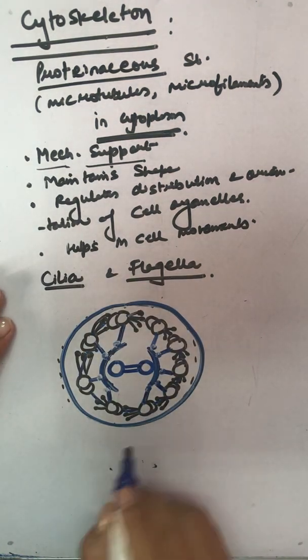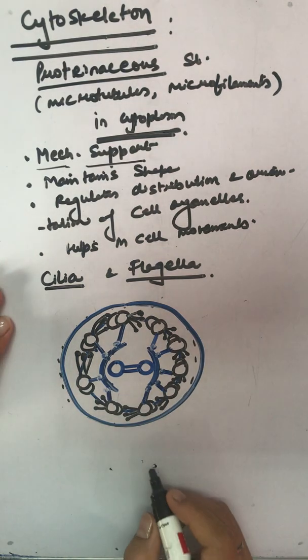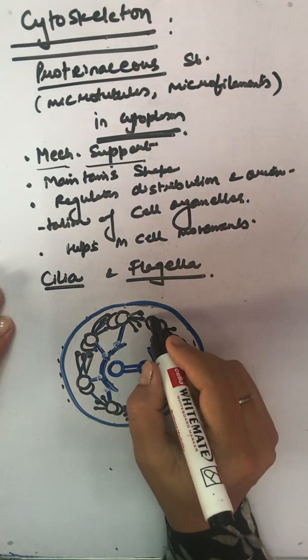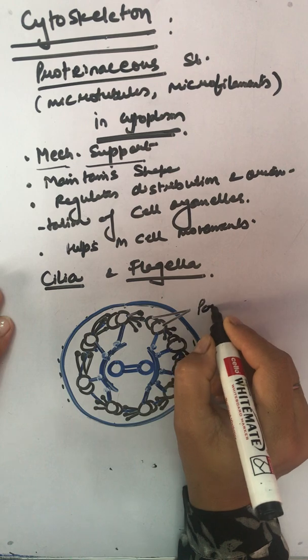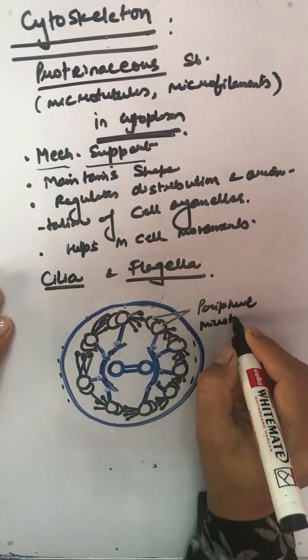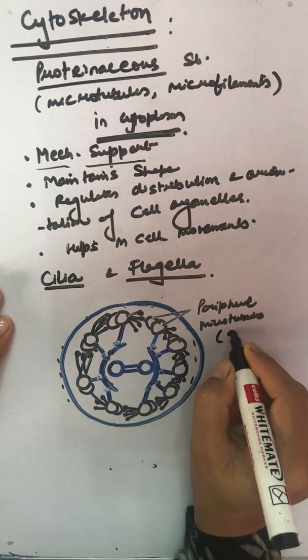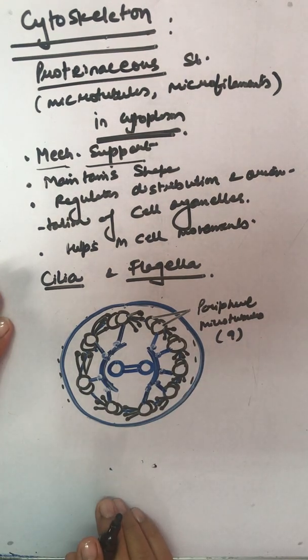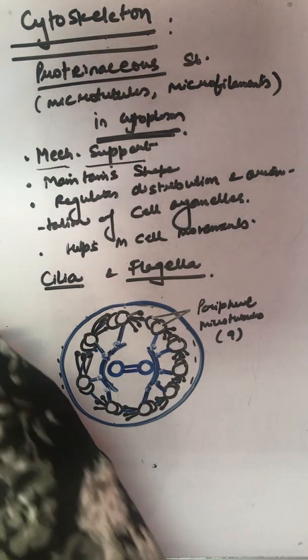These outer ones, the black ones, are the peripheral microtubules. These are 9 in number. Then this one is the central sheath.